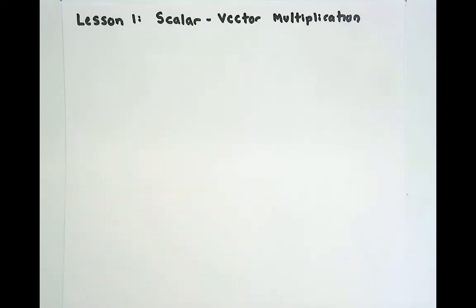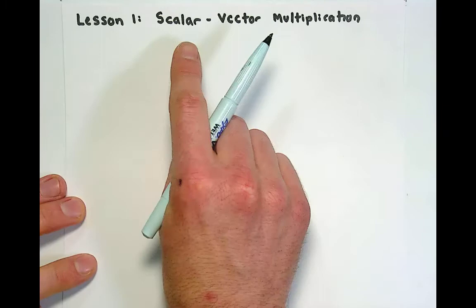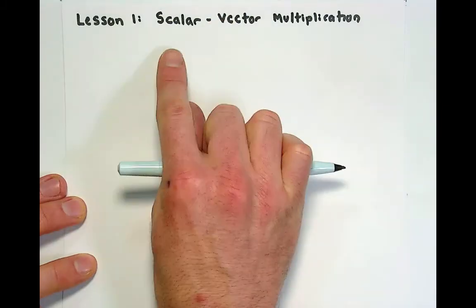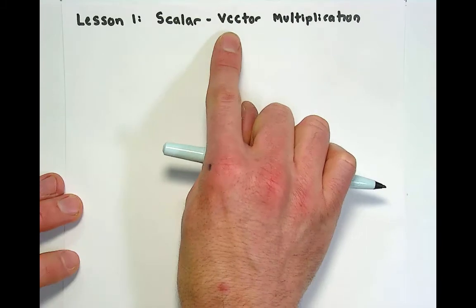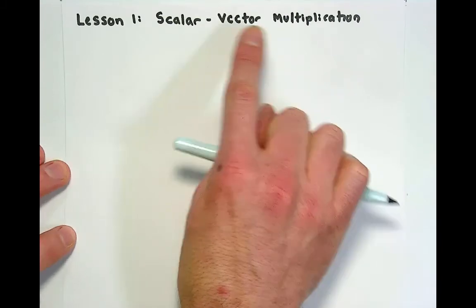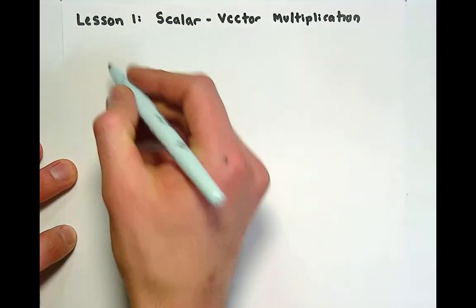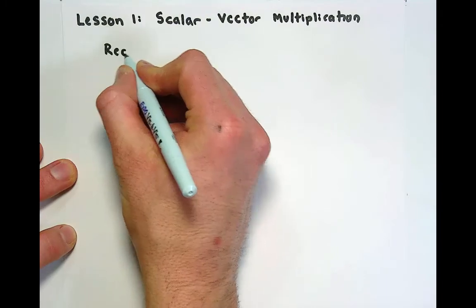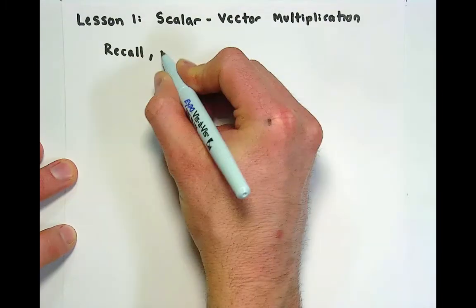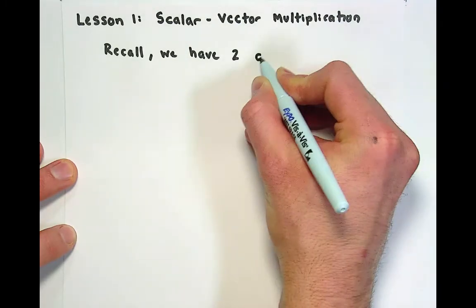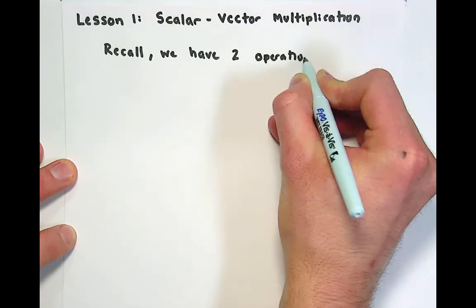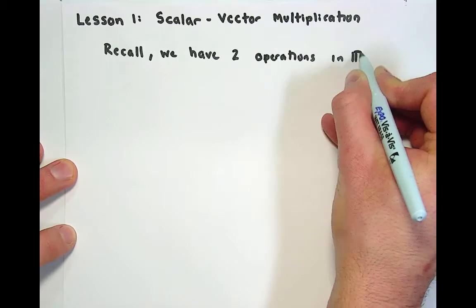Welcome back. In this video, we're going to finish up our discussion of vectors in R2 by talking about the last operation we're going to study so far, which is called scalar vector multiplication. Recall, so far in R2, we have two operations on vectors.